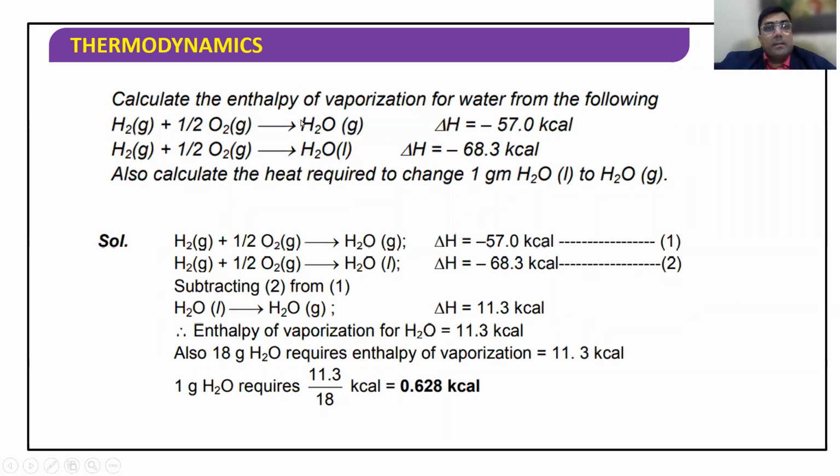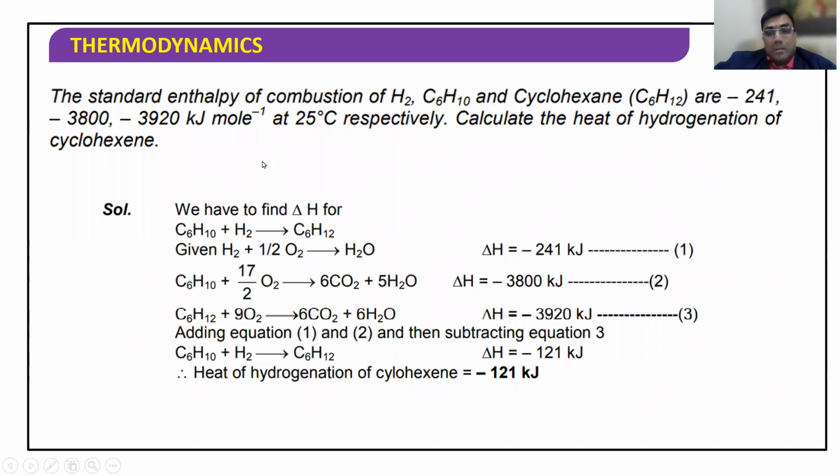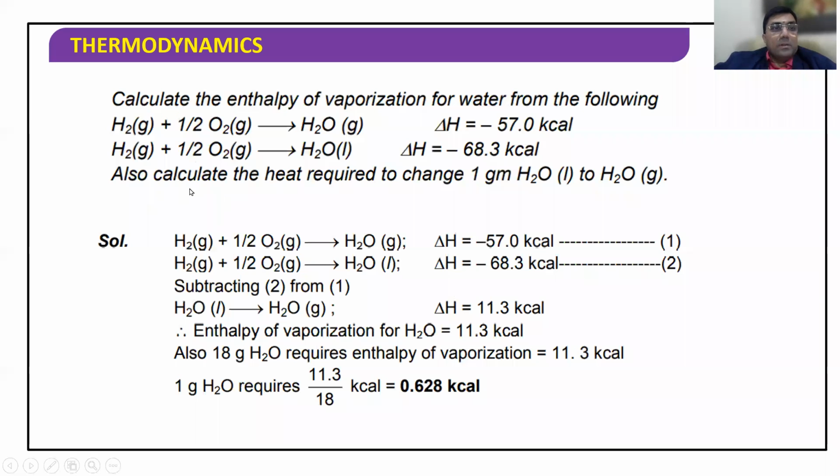Calculate the enthalpy of vaporization of water from the following. So, listen carefully. How to do this question? Very simple. I want this step: water liquid should be converted into water vapor. Agreed? So this is required.